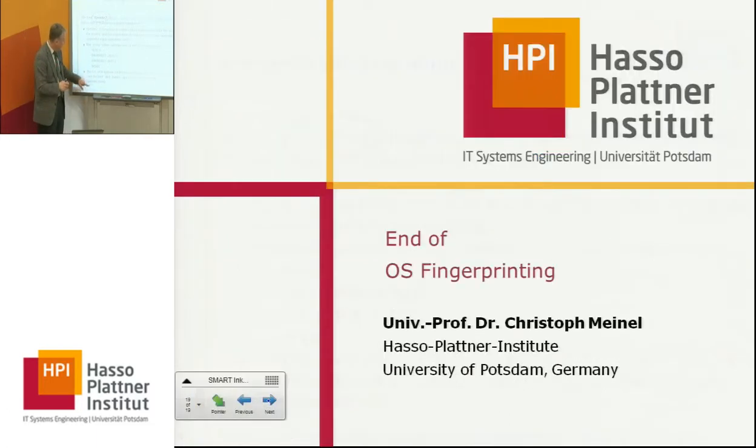So you see, by carefully observing the reaction and the behavior of a system that's connected over the internet with other systems, it is not so difficult to find out information and details about the systems and the operating systems that are used.